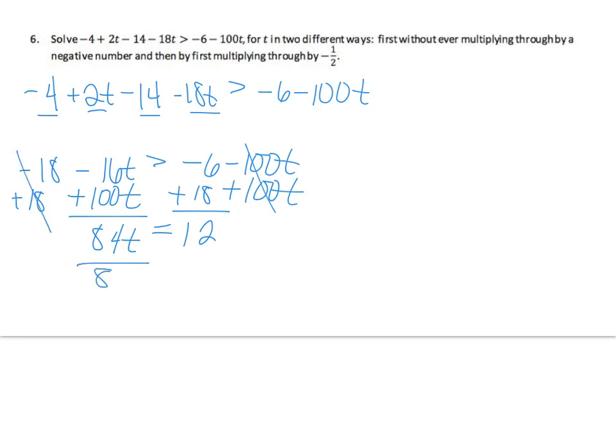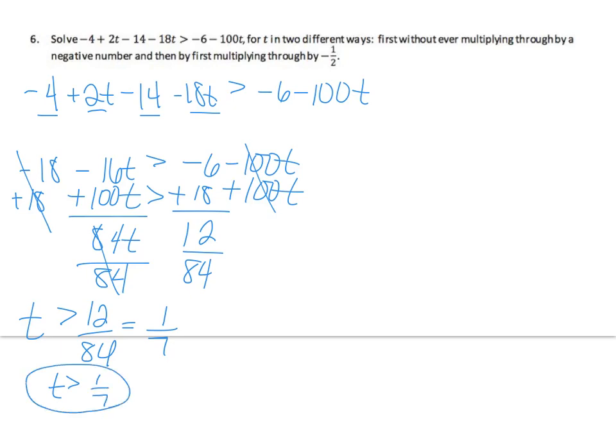Divide both sides by 84. And I get t equals, oh, it's not equals. Anyone catch that mistake? Greater than. T is greater than 12 over 84, which simplifies to 1 over 7.